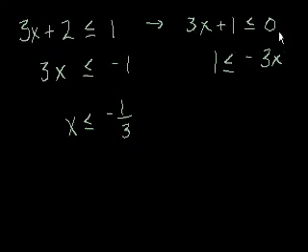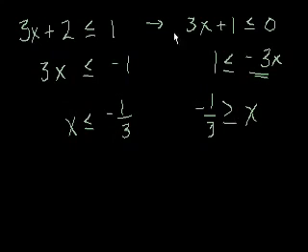I subtracted 3x from here, so I have to subtract 3x from here. Now I would have to divide both sides by a negative number, because I'm going to divide both sides by a negative 3. So I get negative 1/3 on this side. And based on what we had just learned, since we're dividing by a negative number, we want to swap the inequality, right? It was less than or equal, now it's going to be greater than or equal to x.